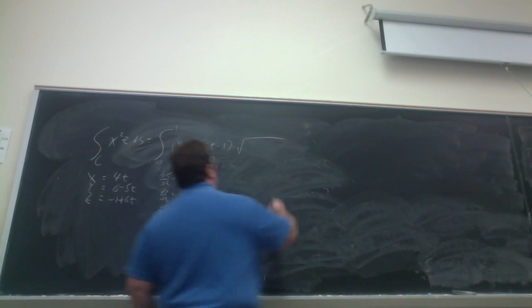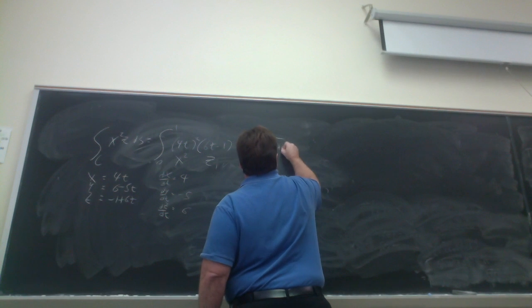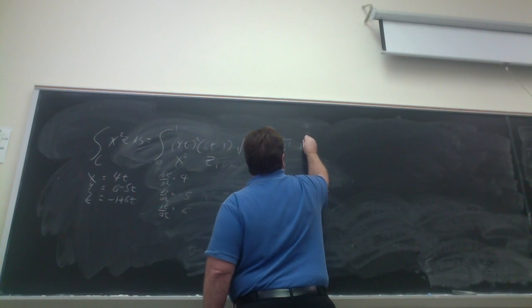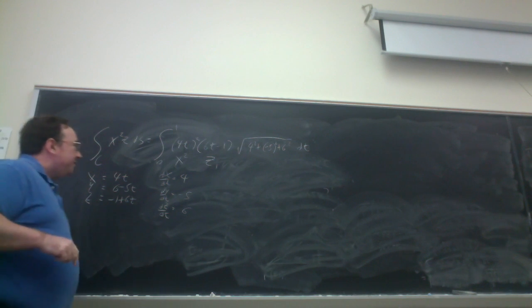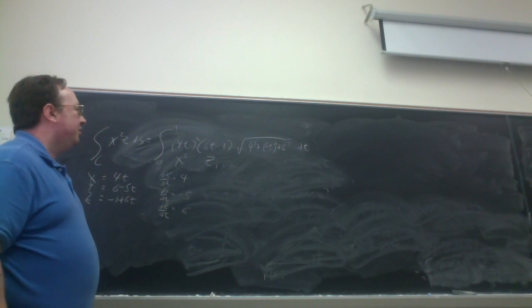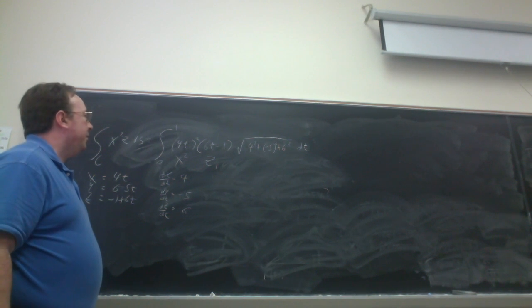So now you can go ahead and throw these in here. So 4 squared plus minus 5 squared plus 6 squared dt. One of the difficulties of this integral formula is that because of a nasty square root expression, that can make integrals very difficult. So often you see cases that happen to work out very nicely. So at least that's just going to be a constant that can be pulled out.